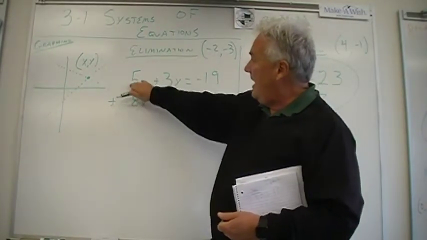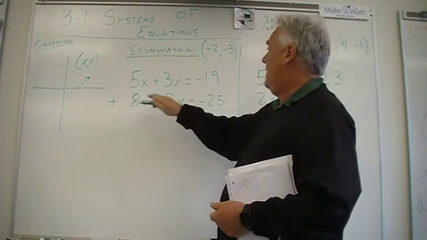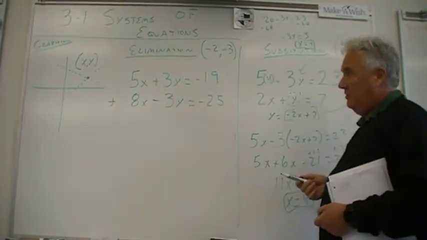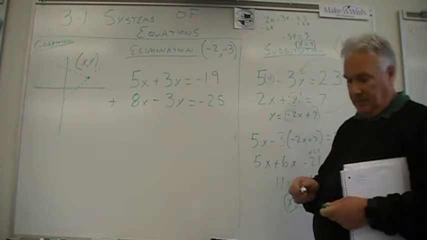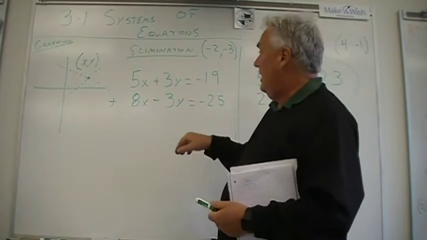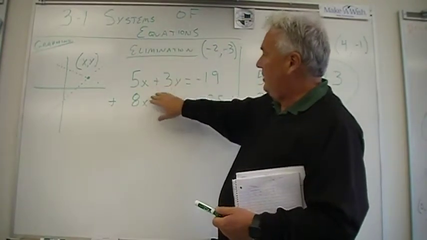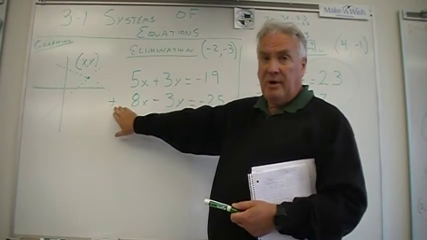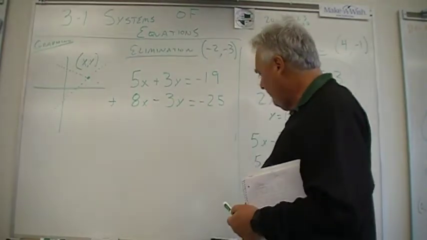But then I would add here, and I would add there too. I'm not going to go through the whole problem because it's going to work out with a fraction that's really yucky. But the point is I want to show that you don't always subtract.